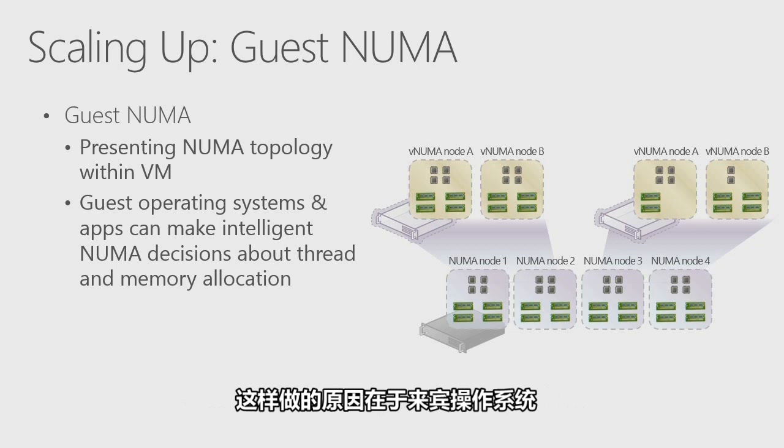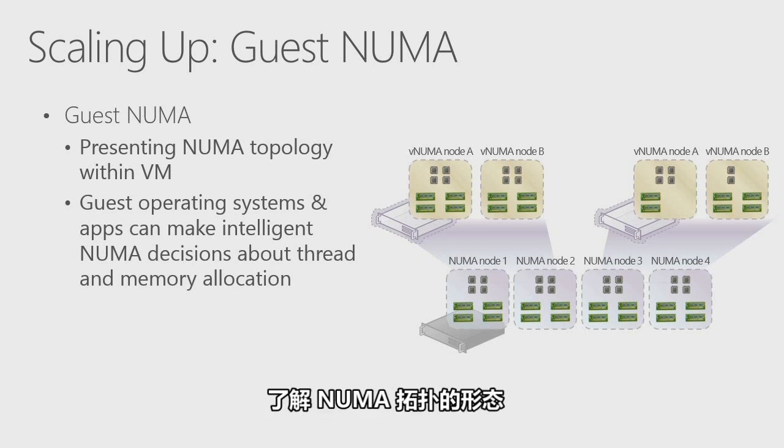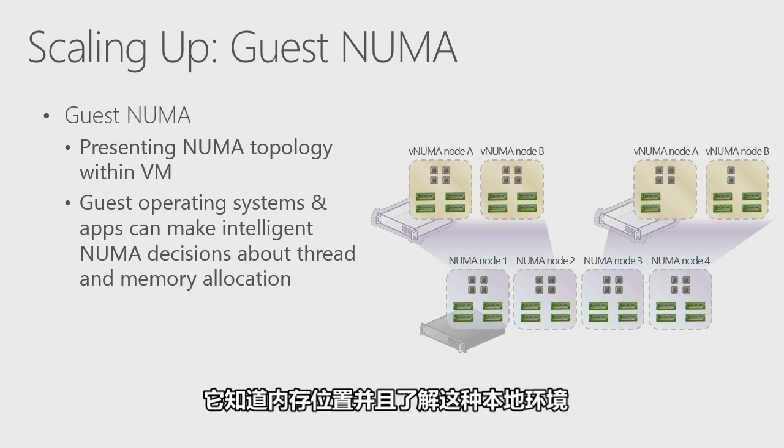The reason why we do this is so that the guest operating system, when you install an operating system, a modern OS will look at the hardware and understand what the NUMA topology looks like. It knows, oh, this processor has these banks of memory and this is how much is in it. This processor has this amount of memory and these are the banks assigned to it. It knows where memory is and understands that locality.